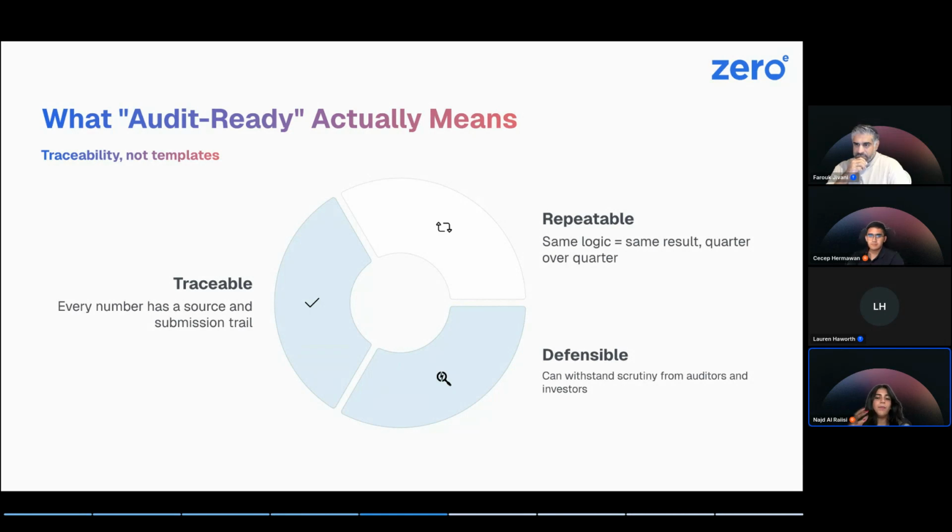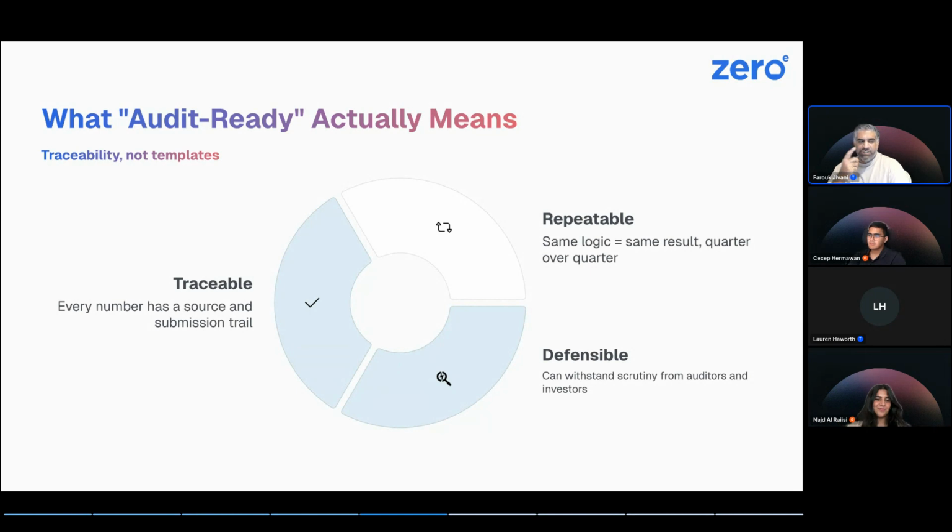So every data point in your report should have a known source, and you should be able to track exactly what happened to it after it left that source: who submitted that information, who verified it, who reviewed it. You should be able to trace every single change that was made to it. So when we say audit ready, it should be about the information or your report standing the test and standing scrutiny, not just looking good.